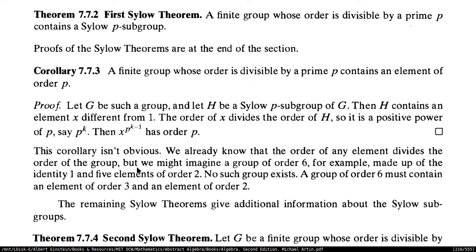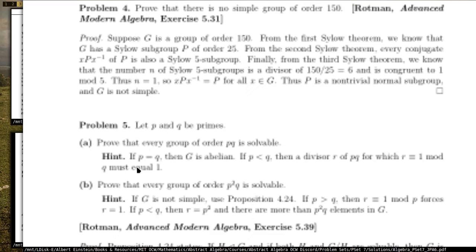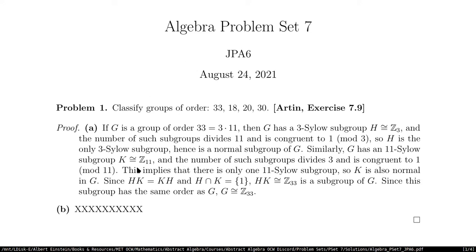So essentially, we have to use the Sylow theorems to do something about it. So I think you give the proof for the first one, doesn't it? Yeah, I don't think it's a very elegant one, but you got there.